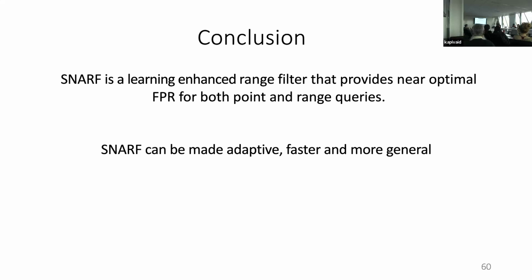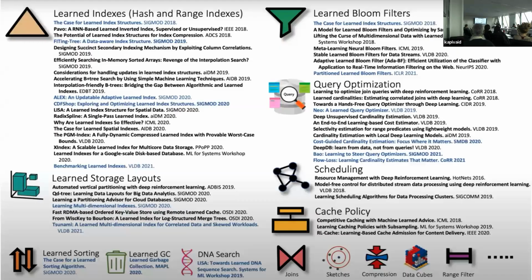And I guess we have more time now, so I'm going to plug in my other research as well. So I've broadly been working on this area of machine learning for systems. This is quite an active area of research with a lot of research papers every year. And the basic idea is, let's try to use machine learning models to improve database or systems components.